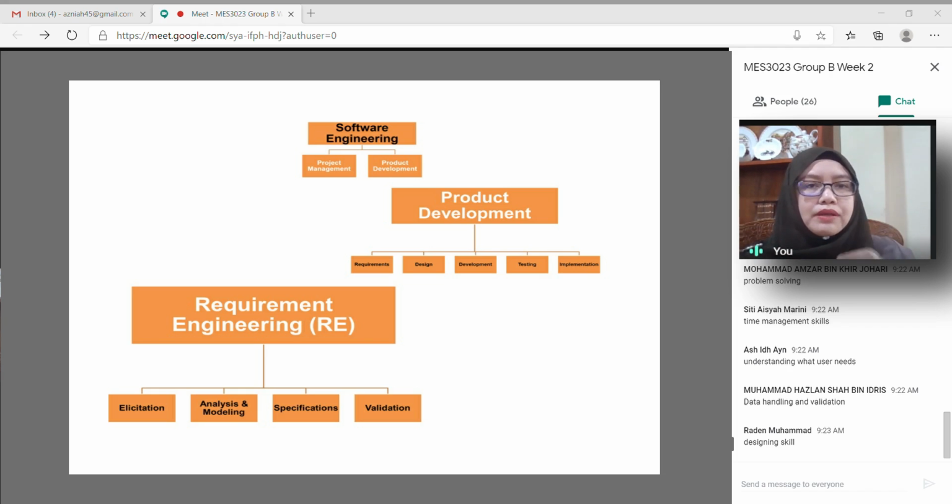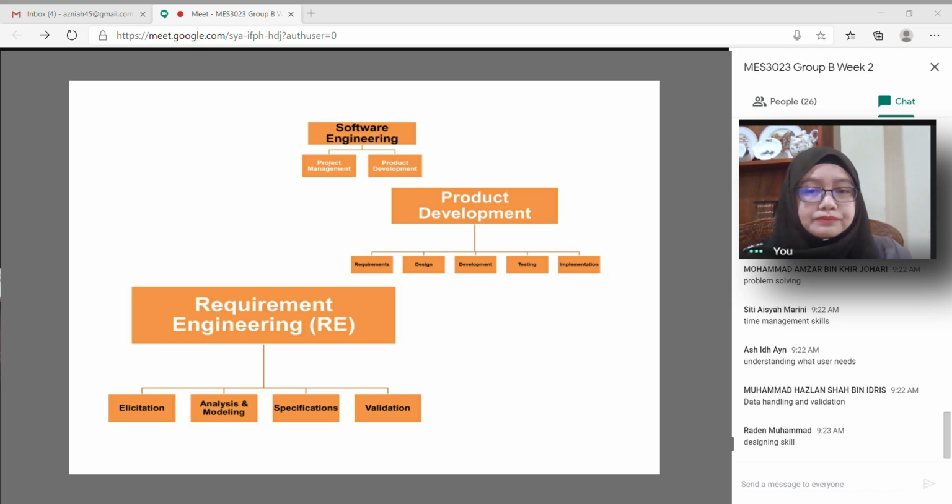So the way you write them is under specification, writing the specs. And validation, someone has mentioned just now, is the validation skill. So they are all different skills in each phase, and management skill covers all the activities. So that's how you relate all the activities with the skills.